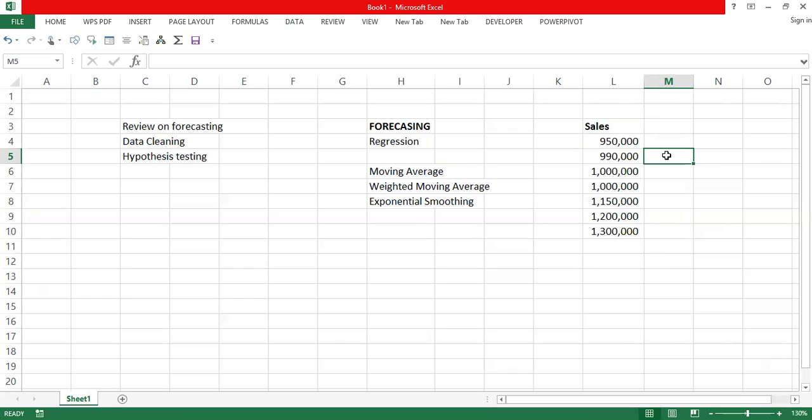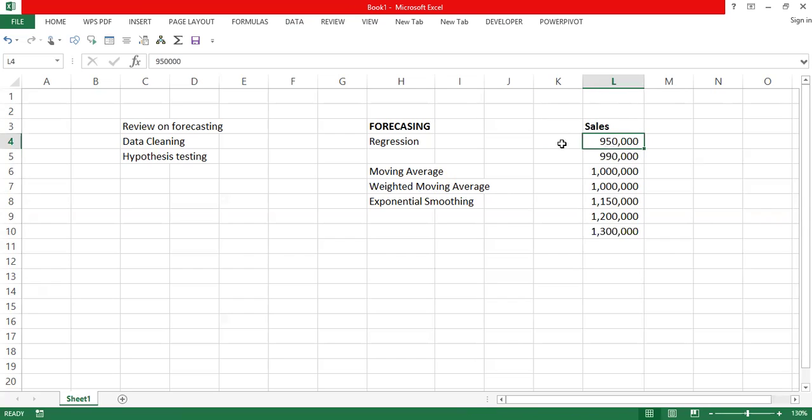Now, for example, take for instance a situation where there are various expenses on adverts, okay, and that influences sales.